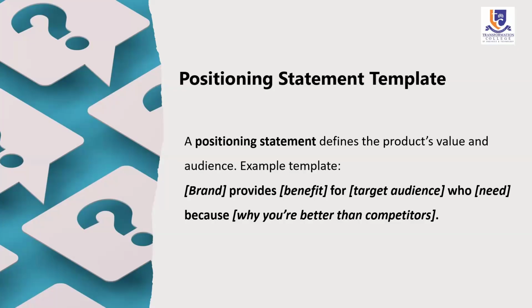One sentence. Think about your organization. This organization provides what, for people in this sector who need this, because of what? This is what we do, and this is what we can do compared to our competitors.